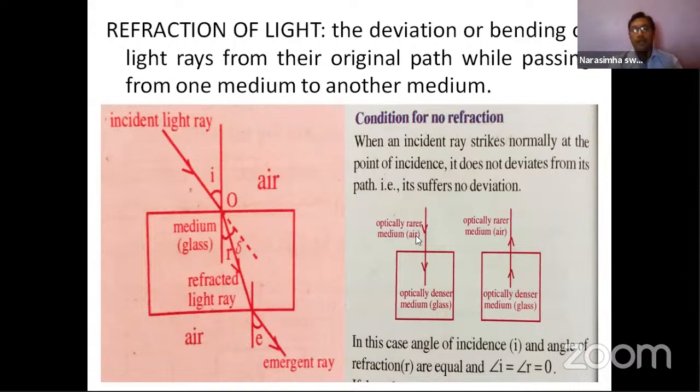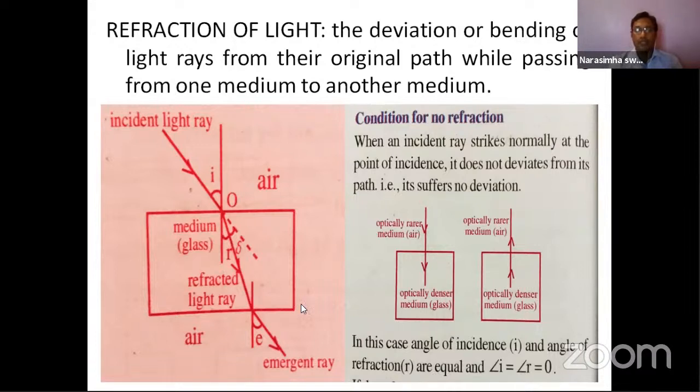Optically rarer medium air, the light ray is falling along the normal. Then inside the glass, it moves straight away, there is no bending at all. Right? So in this case, the angle of incidence i and the angle of refraction r are both equal.